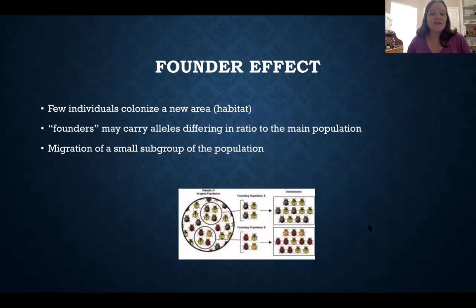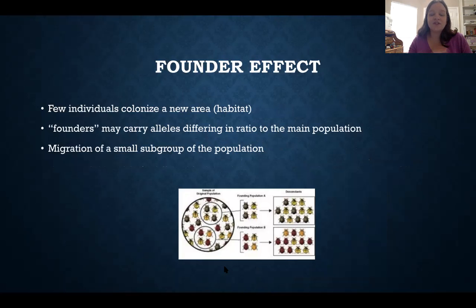Founder effect is kind of similar. Founder effect happens when you have a small group that colonizes a new area. So the founders could have very different alleles compared to the main population. You get this migration of a small subgroup, which could then totally change the allele frequency compared to the original population.